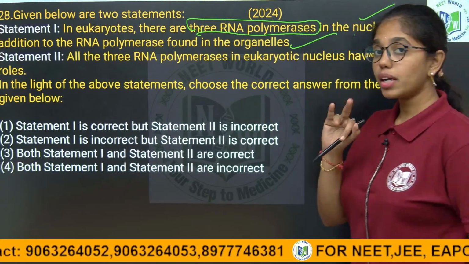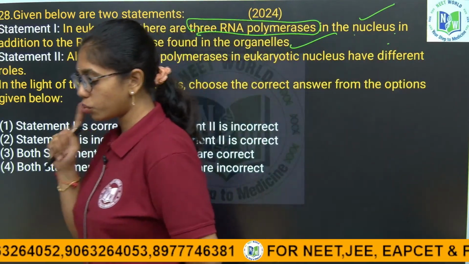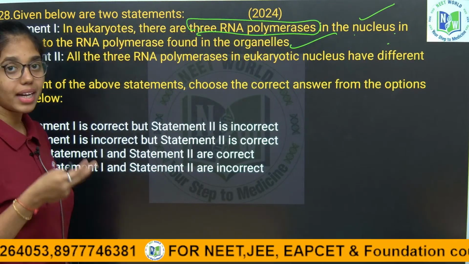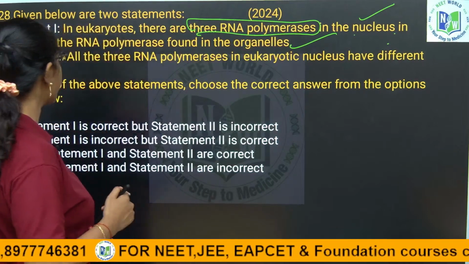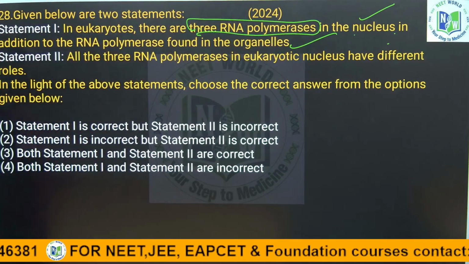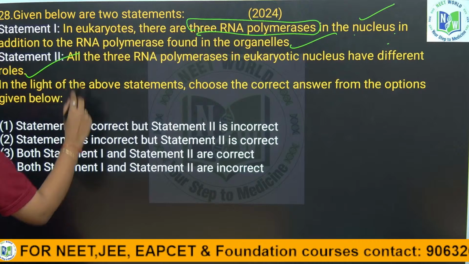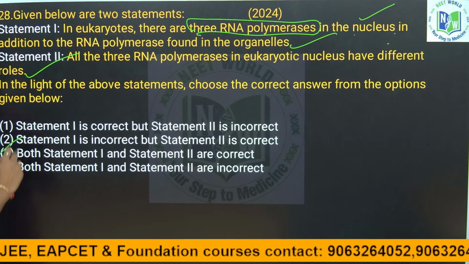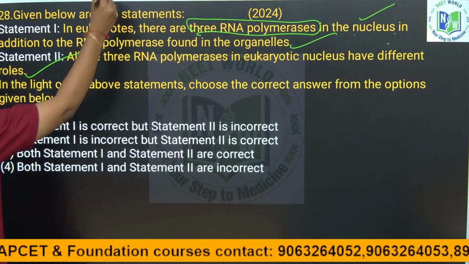True. What are those 3 RNA polymerases? 1, 2 and 3. 1 will synthesize rRNA, 2 mRNA and 3 will synthesize tRNA. All the 3 RNA polymerases in the eukaryotic nucleus have different roles, correct. So, here both statement 1 and 2 are correct, option 3 is the correct answer.